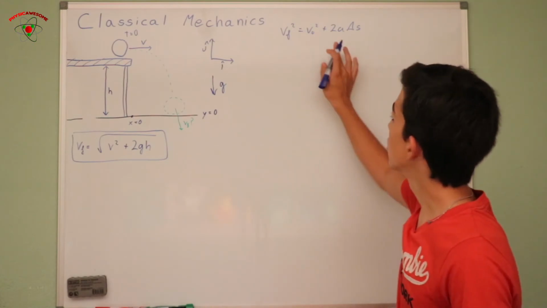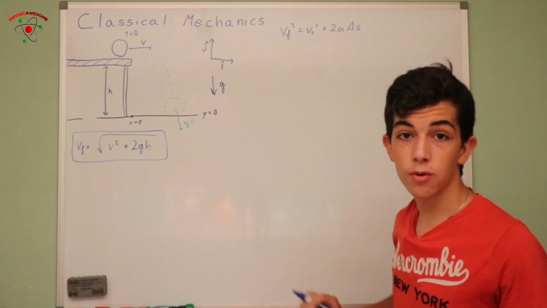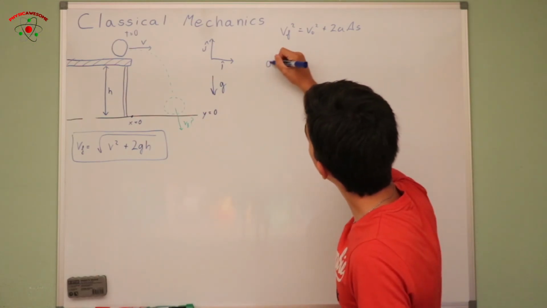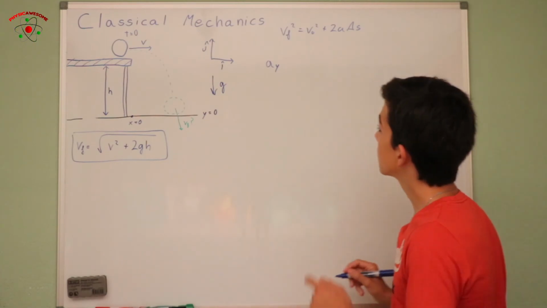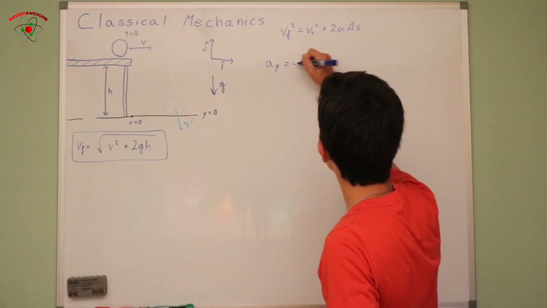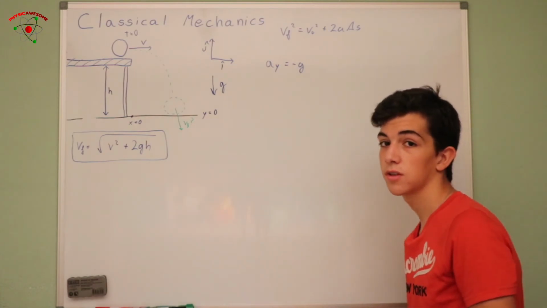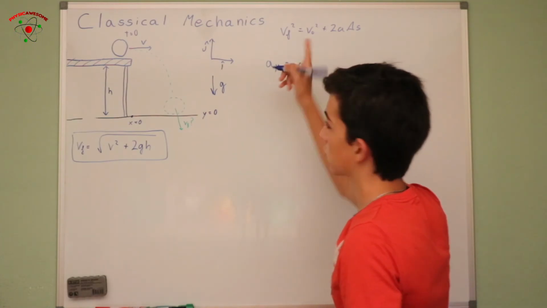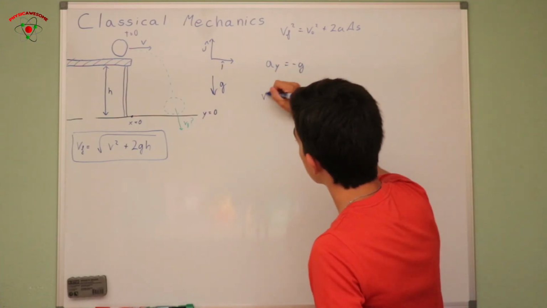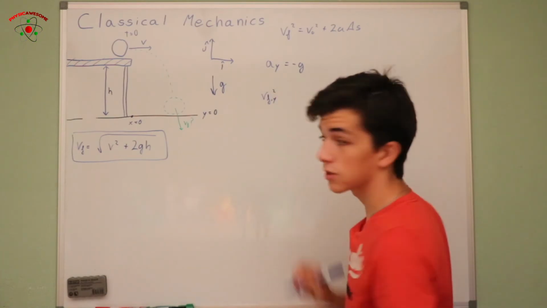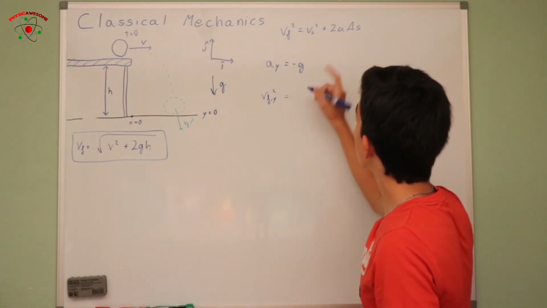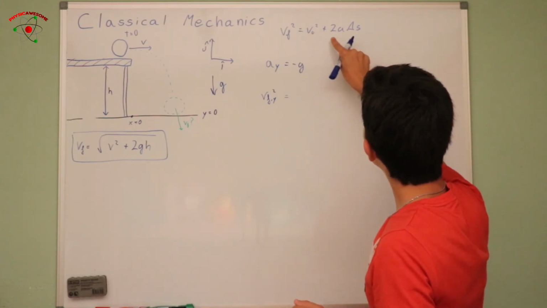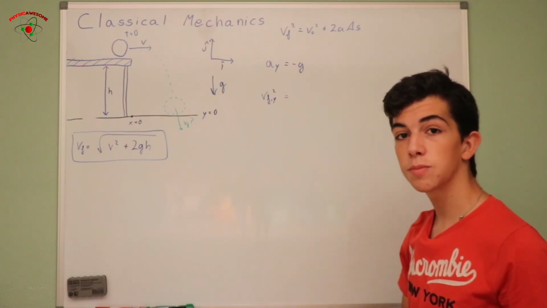Alright, so we're going to use this equation on our analysis of the j-hat direction. Remember that before we found out that the acceleration in the y direction was minus the gravitational acceleration. And that's pretty much all we need to know. If we write this equation with our data, we find that the final velocity in the y direction squared equals our initial velocity in the y direction, that is 0, plus twice the acceleration times the displacement.